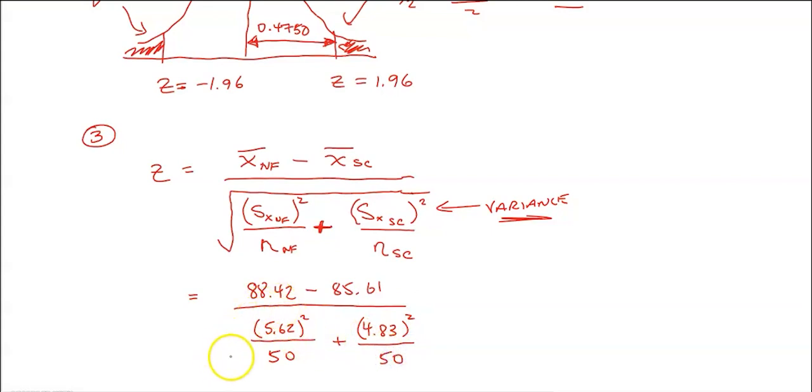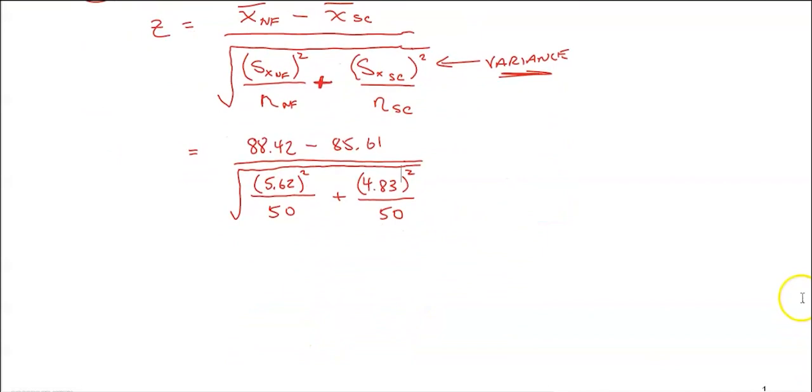Okay, and we're going to take the square root of that bottom. Having said this, I'm going to ask you to pause the video and see what you come up with for your value for your Z score.